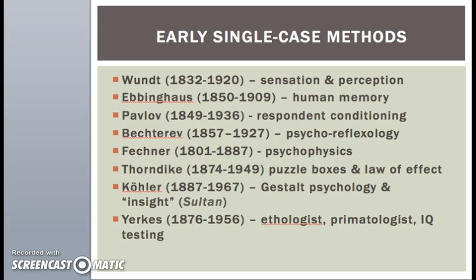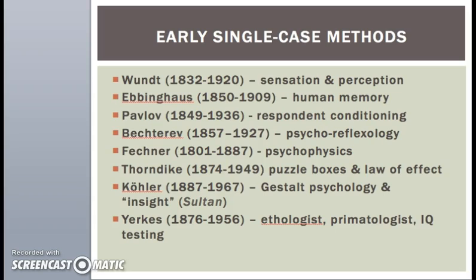People like Wilhelm Wundt, a father of psychology, Ebbinghaus and his memory research, Ivan Pavlov and respondent conditioning, Bechterev and psychoreflexology, Fechner's psychophysics, E.L. Thorndike's puzzle boxes and the law of effect, Wolfgang Kohler and his Gestalt psychology and his insight work with the chimpanzee Sultan.